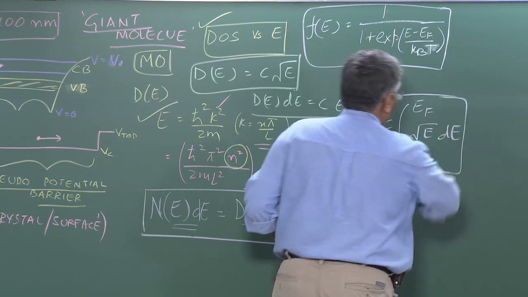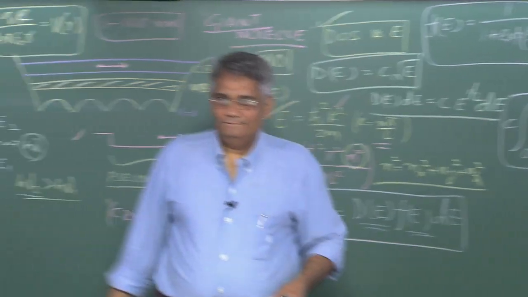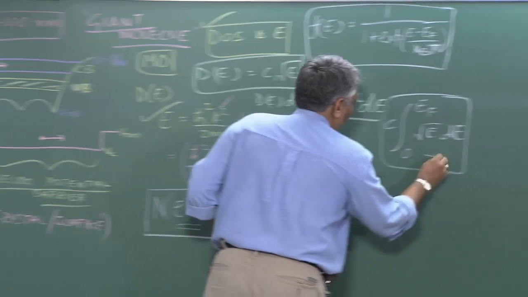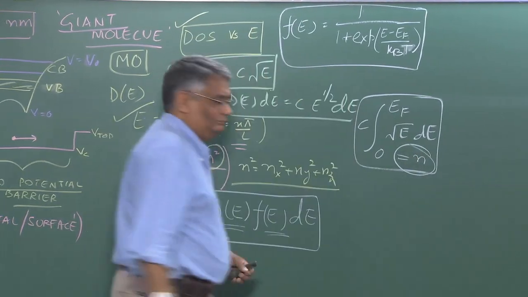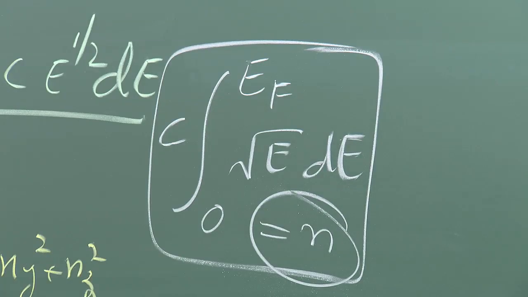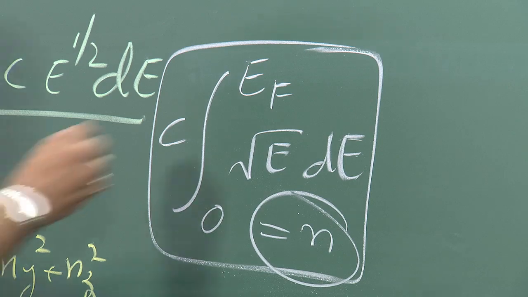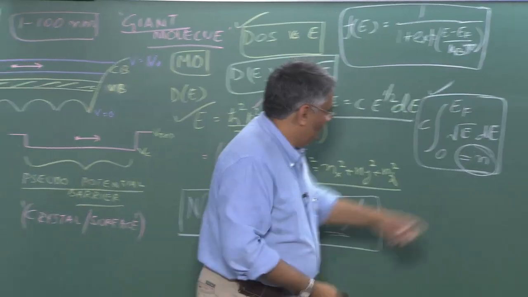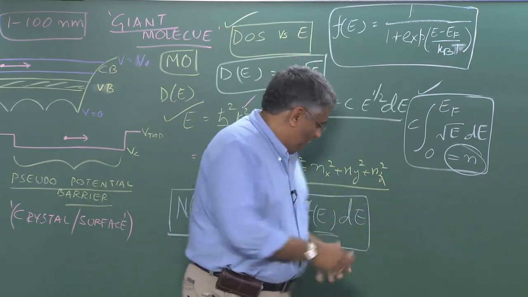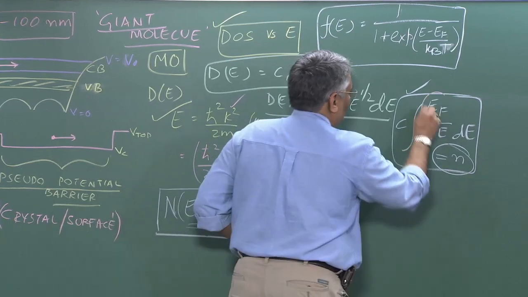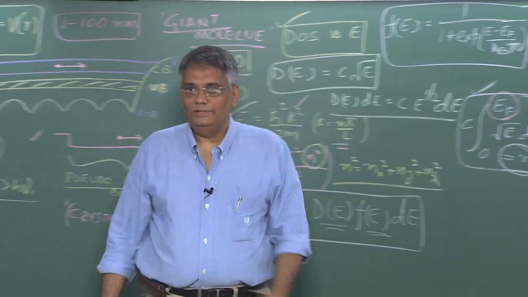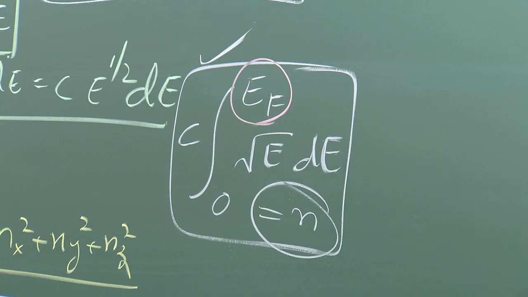Is it not? It's simple. This gives you... now what do we understand from this relation? Of course, at T equal to 0, your total occupancy is only up to EF, not beyond that, is it not?